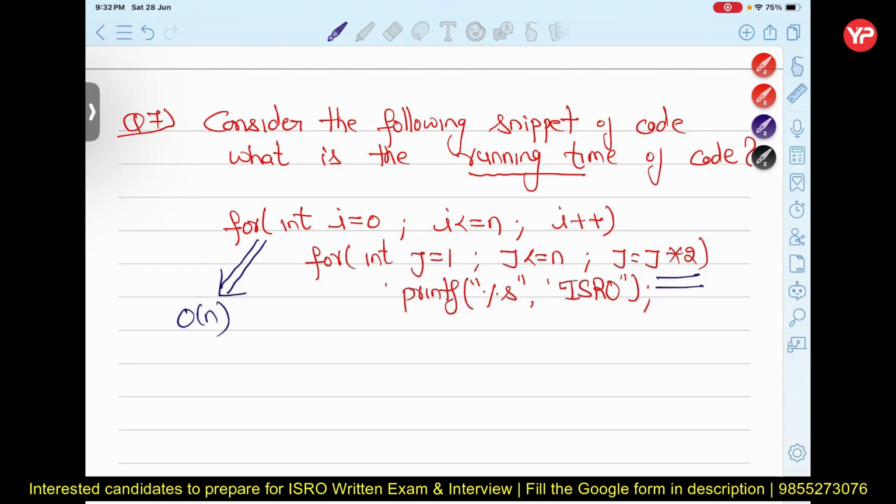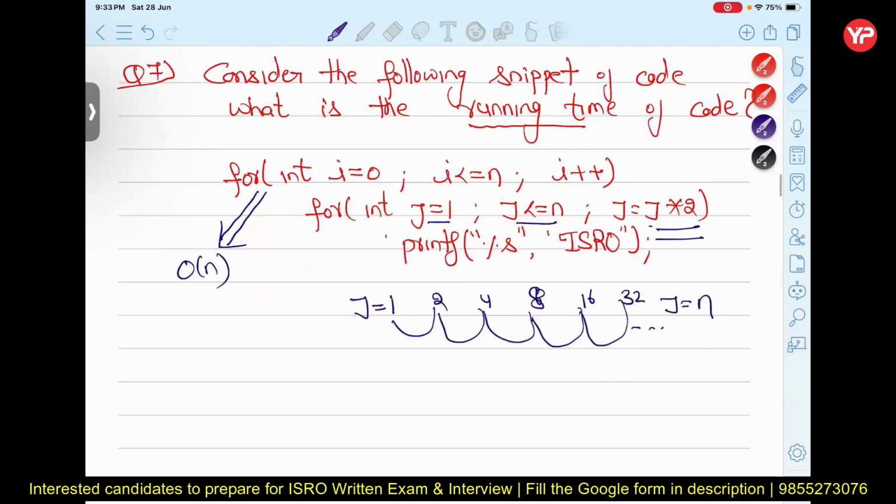We know that. Next, for j equal to 1, j is less than or equal to n, j equals j into 2. It means j starts from 1, has to reach n, and how is it going? By a factor of 2: 2, 4, 8, 16, 32 in this way.